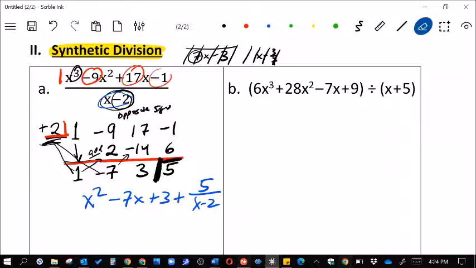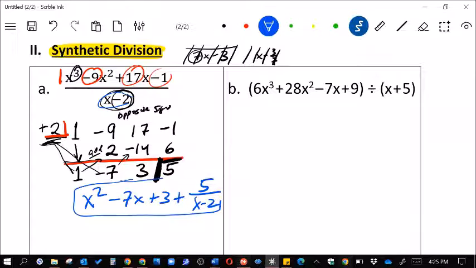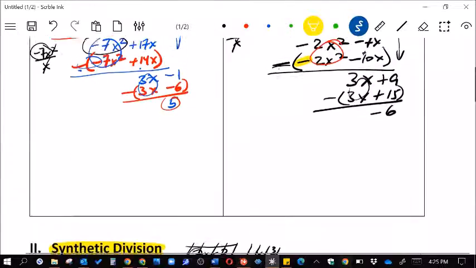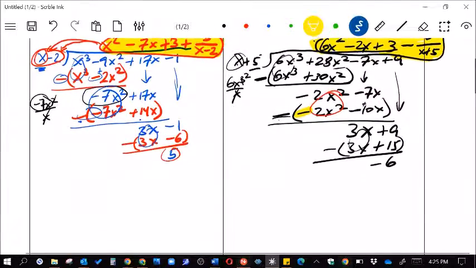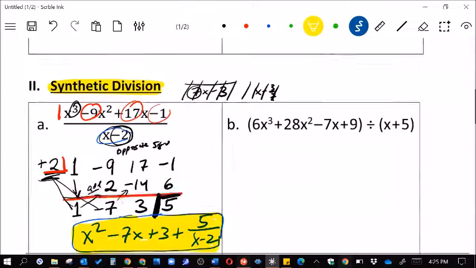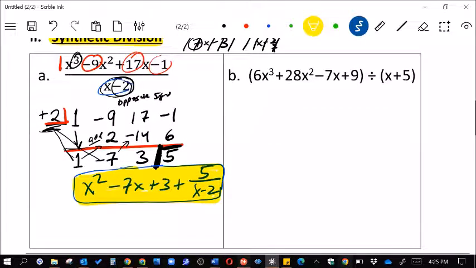We don't usually use 1. And notice that's the same answer as above here, plus 3 and plus 5 at the end. Same answer.